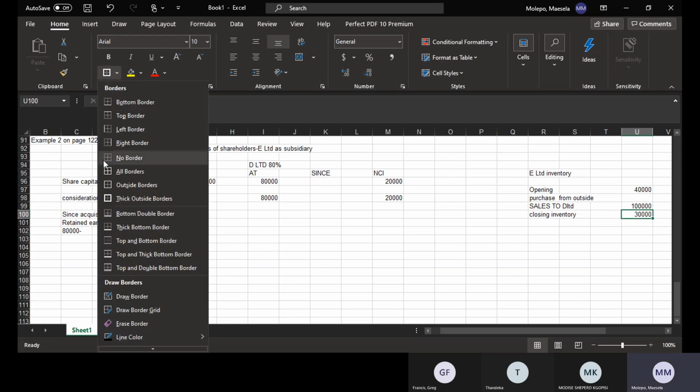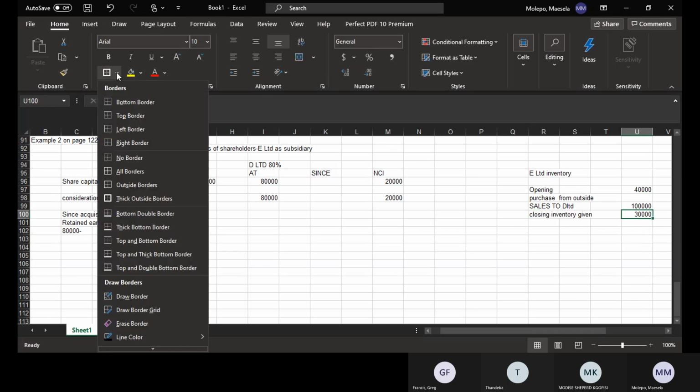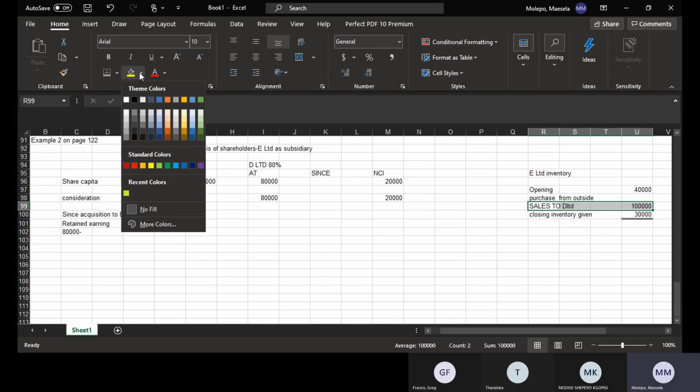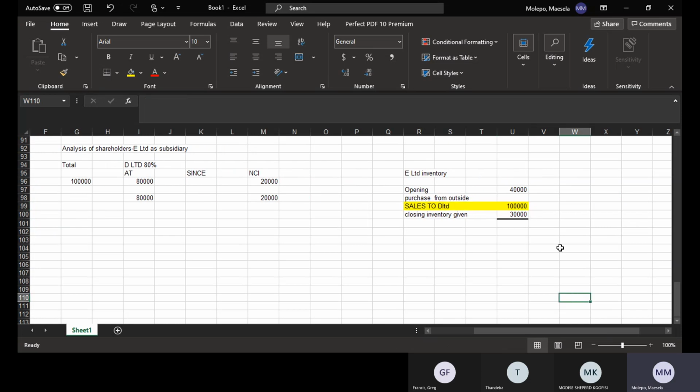Let's do this given. So this one will present our intercompany intra-group transaction.